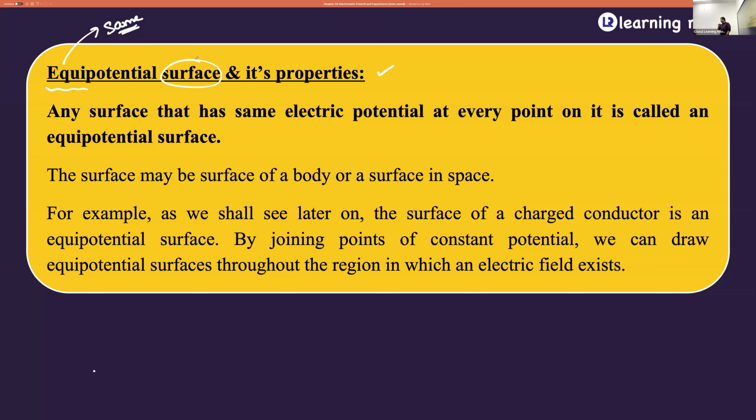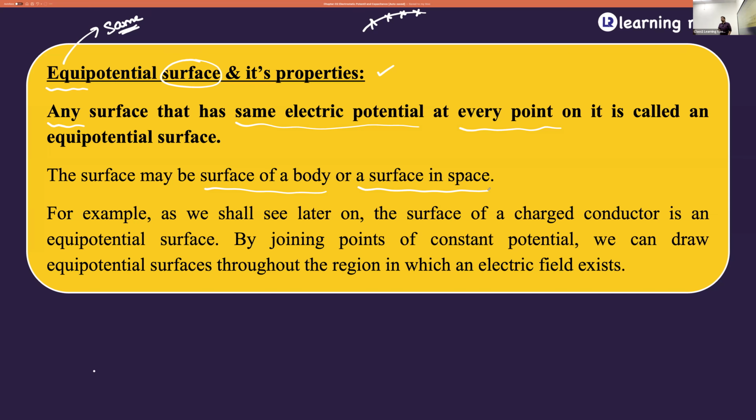If you take any surface on which the electrostatic potential is the same at every point, you call it an equipotential surface. The surface may be a surface of an object or a surface in space.